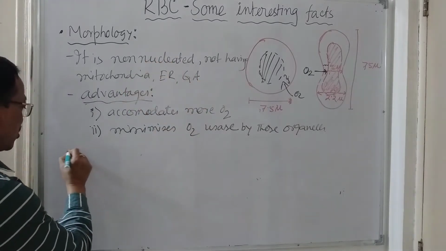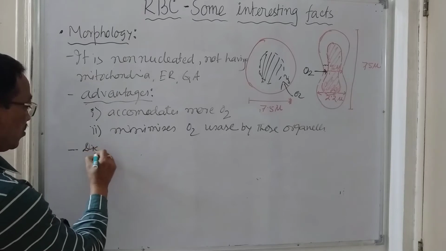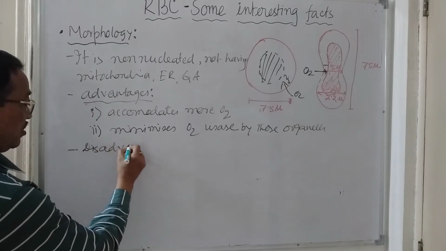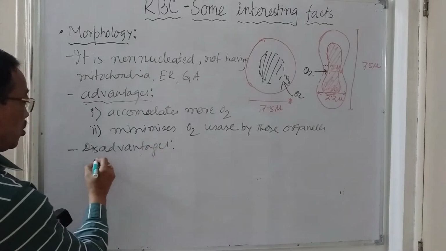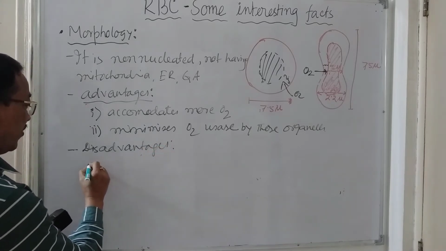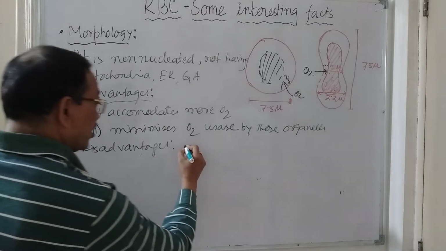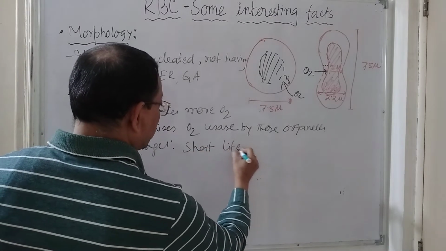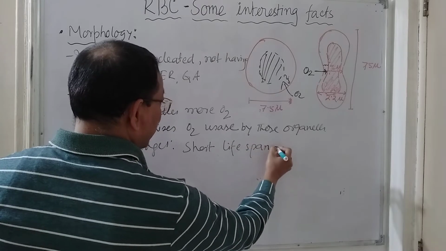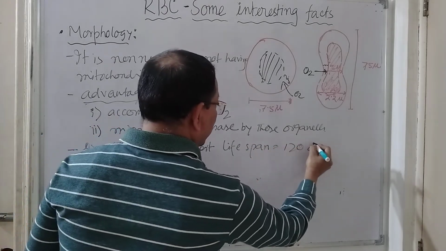Now this has got some disadvantages also. What are the disadvantages? Because of these things, RBCs have a very short lifespan, around 120 days.